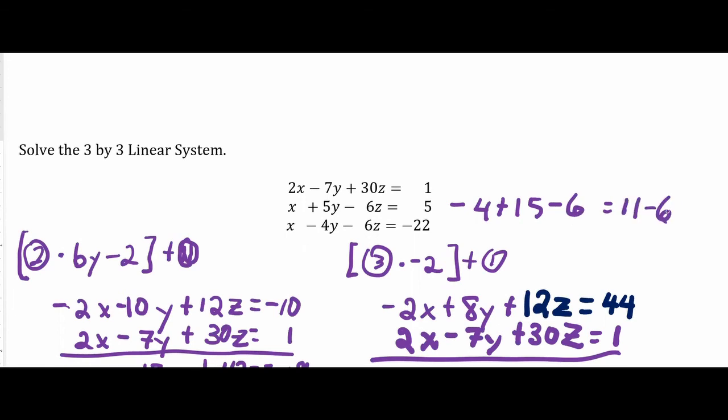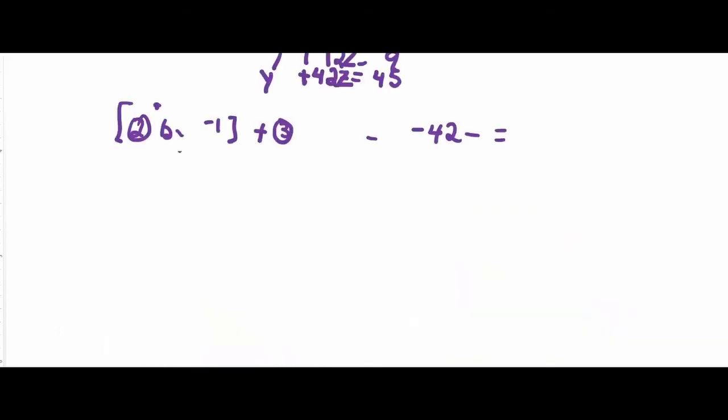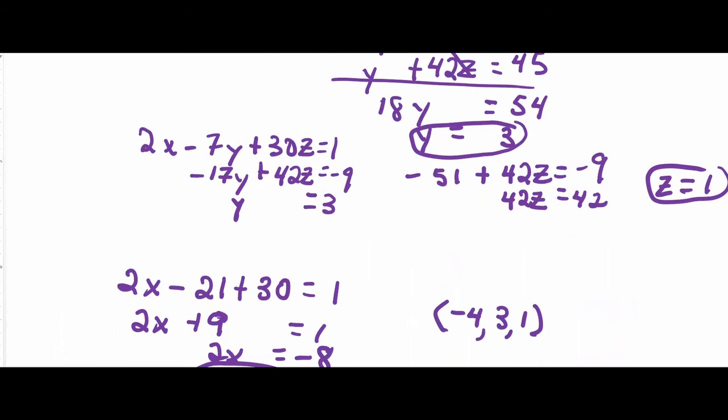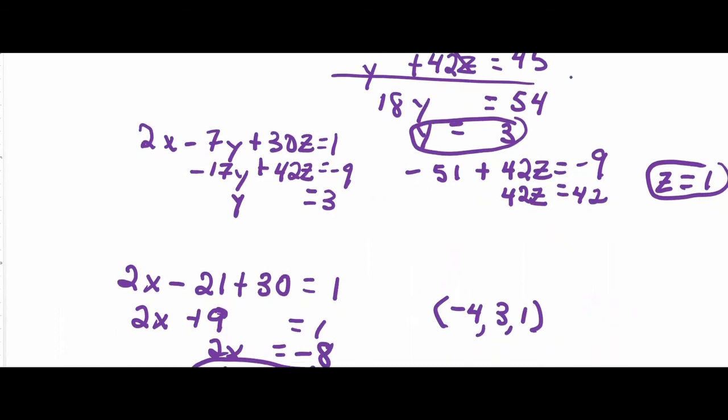It's going to add up to 11 minus 6, or 5, which is what we wanted on the right-hand side of equation 2. And subtracting 4 times 3, it's going to be -16 minus 6, or -22, which is indeed what we have in equation 3. So yes, we do have that -4, 3, 1 is the solution to this 3 by 3 linear system of equations.